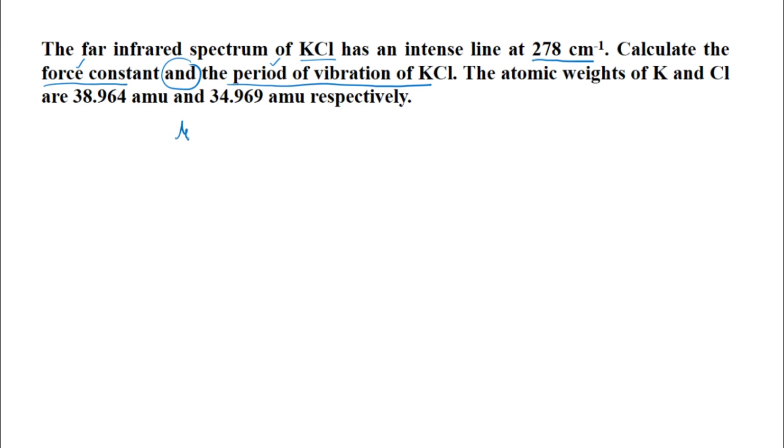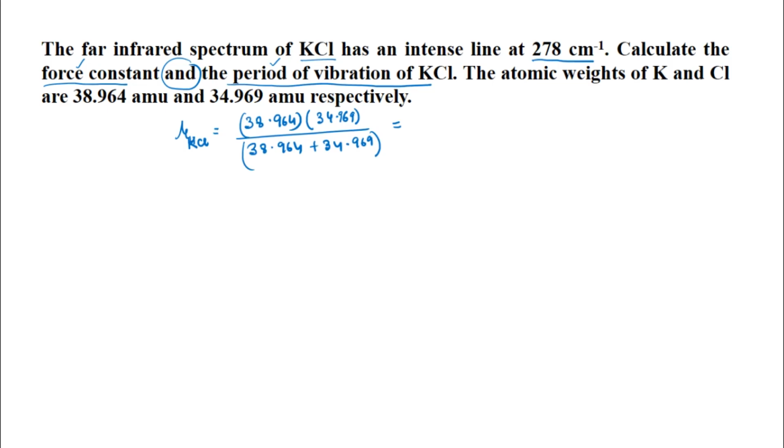So, let us evaluate the reduced mass of KCl. This is given by 38.964 times 34.969 divided by 38.964 plus 34.969.